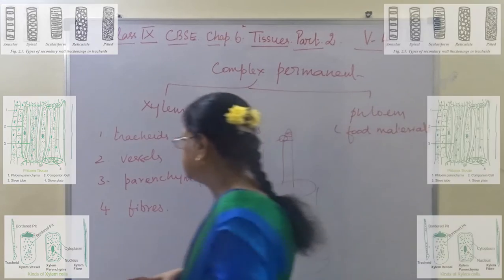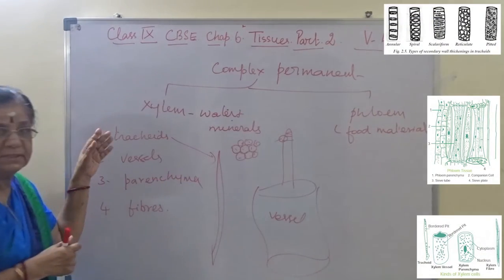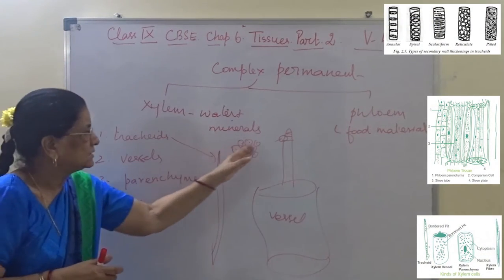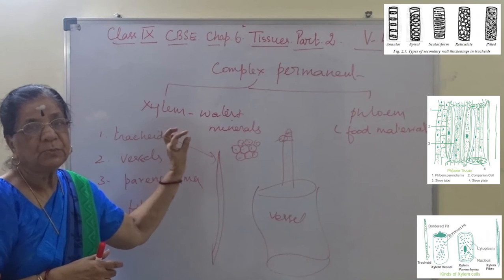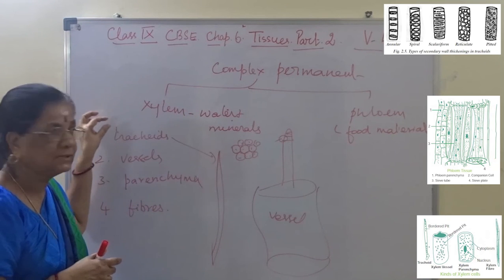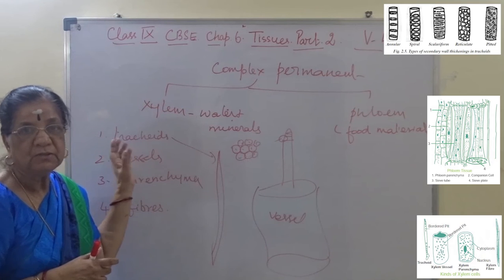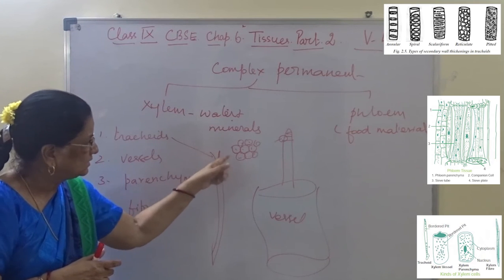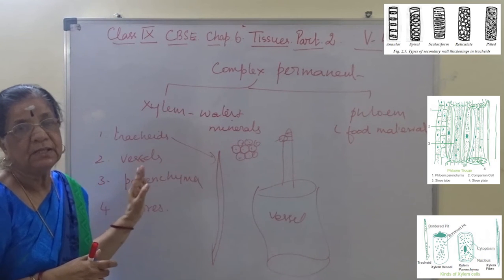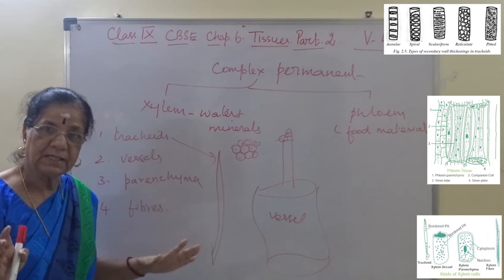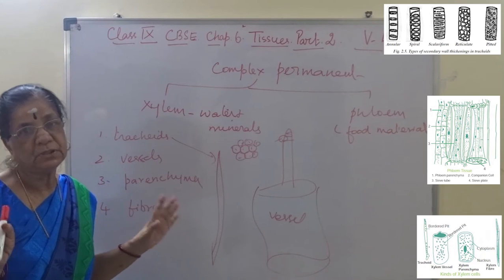Okay. Now this cell, so this is what tracheids and vessel. So this 9 tissues there. Suppose 2 cells are forming tracheids, 3 cells are forming vessels. So of the 9, 4 are remaining as xylem parenchyma tissue.